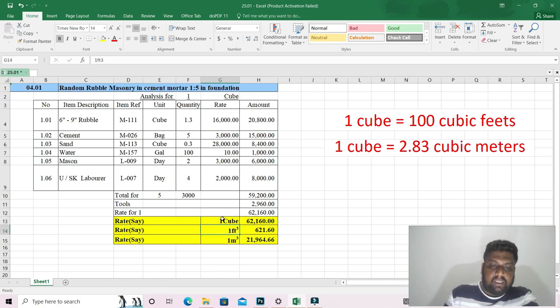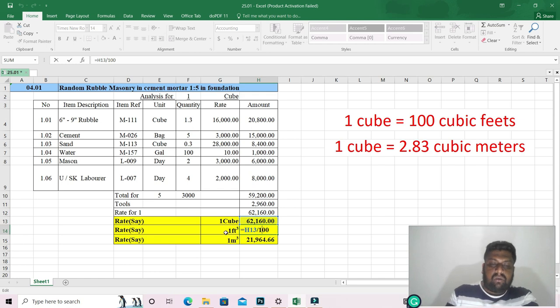Now we want to calculate the cost for 1 cubic foot. Because this is for 100 cubic feet, this is the relationship, we divide 62,160 by 100. Then it will give you the cost for 1 cubic foot. If you want to convert into the cost for 1 cubic meter, it depends on your choice.